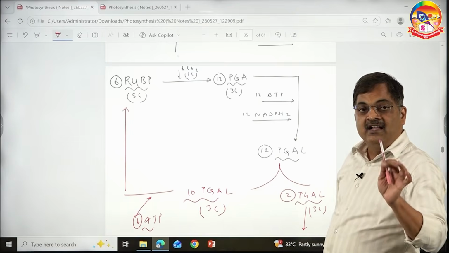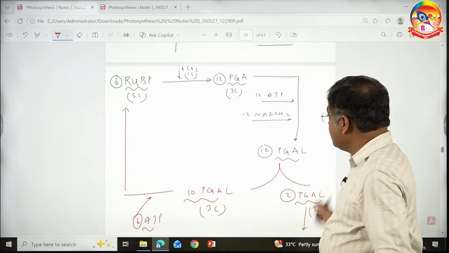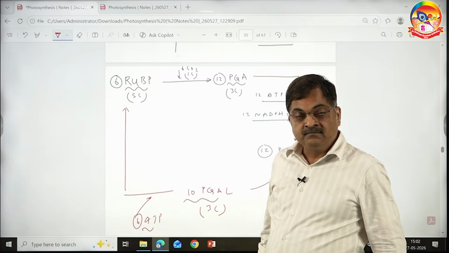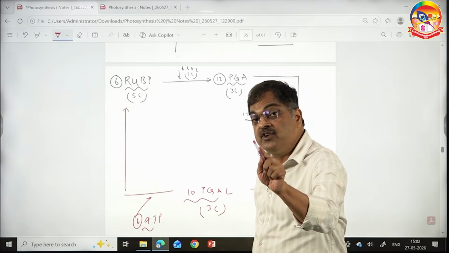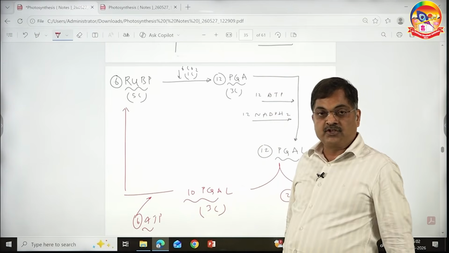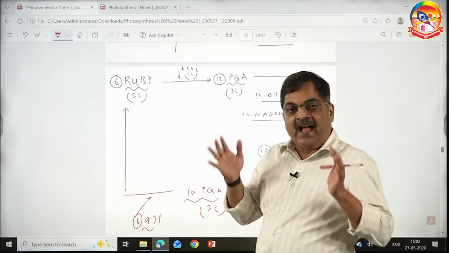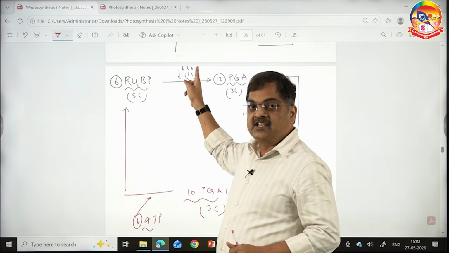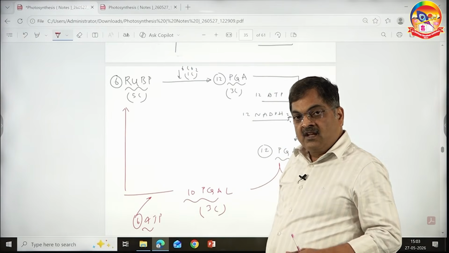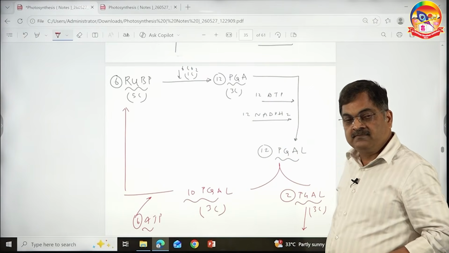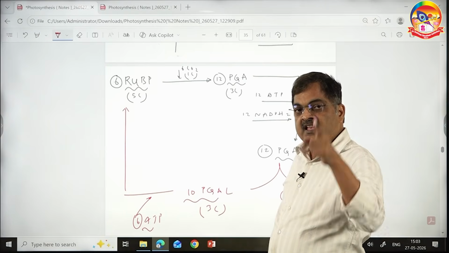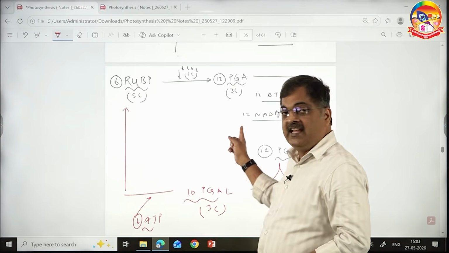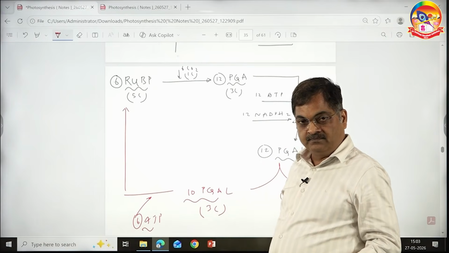So it's very clear. Let us count how many ATP we utilize in total. 12 plus 6, 18 ATP. And how many NADPH2 did we utilize? 12 NADPH2. So 18 ATP and 12 NADPH2 are needed. For how many carbons? 6 CO2. For how many glucose? 1 glucose. So for 6 CO2, 6 Calvin cycles, 1 glucose, we require 18 ATP and 12 NADPH2.